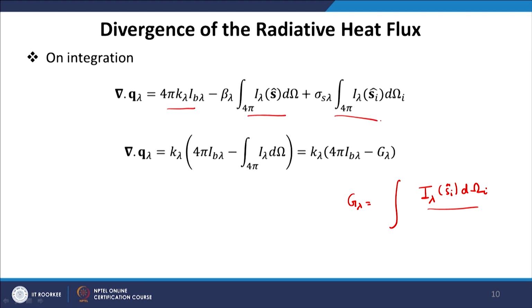We can simplify this and we get basically the divergence of heat flux is equal to kappa times 4 pi I B minus G. This is valid for spectral basis also and this is valid for total basis also. So, this is the equation for the radiative heat source term on a spectral basis, and this is the equation for the radiative heat source term on overall basis. It could be valid on a gray basis also.